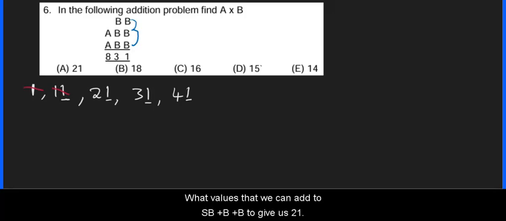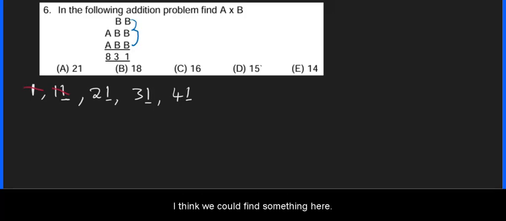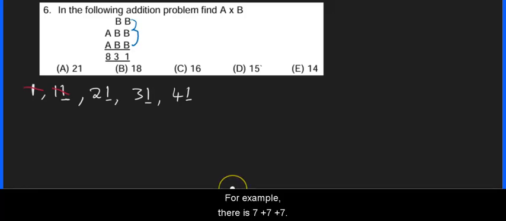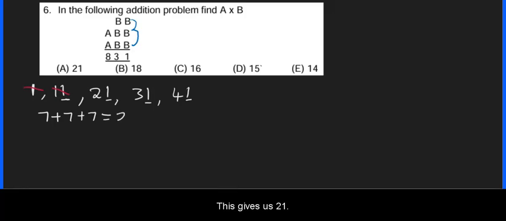What values can we add as B plus B plus B to give us 21? I think we could find something here. Let's work on 21. For example, there is 7 plus 7 plus 7. This gives us 21. I think we can try it and see what we get.